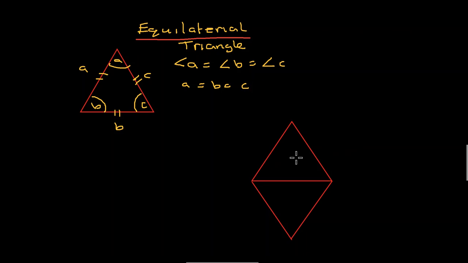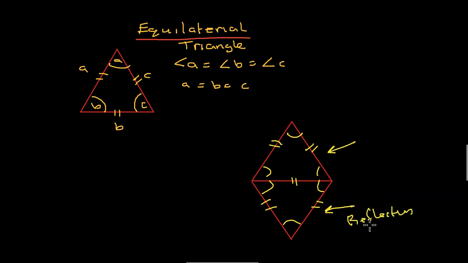So what we get is, essentially, this length and this length are equal to each other. All these angles are equal to each other. And this length here. And then you have the same on this side as well. So really what you could say is that this one is like a reflection of this initial triangle up here.